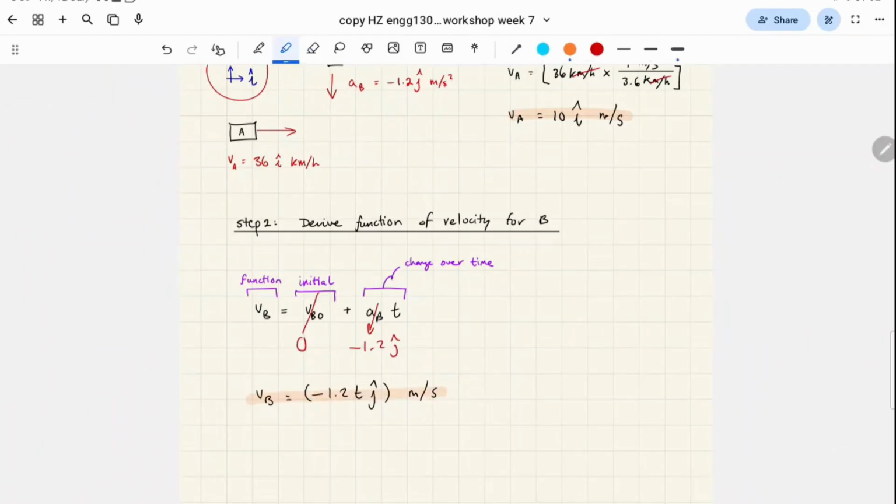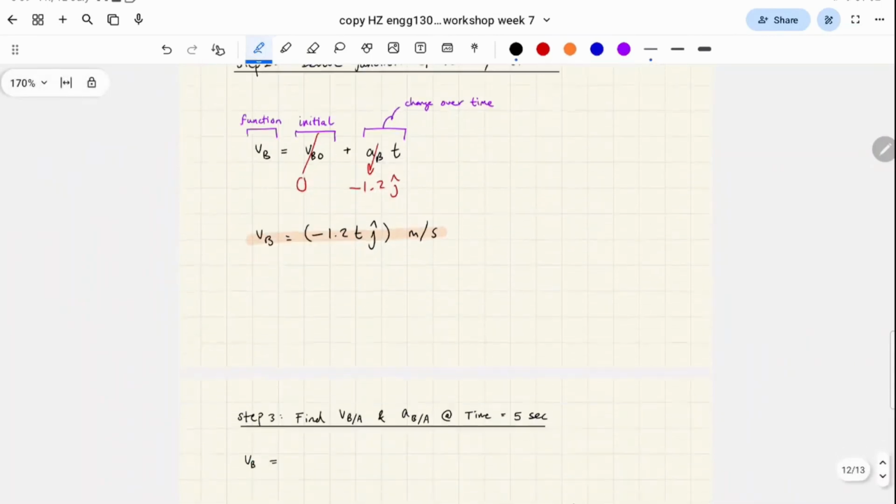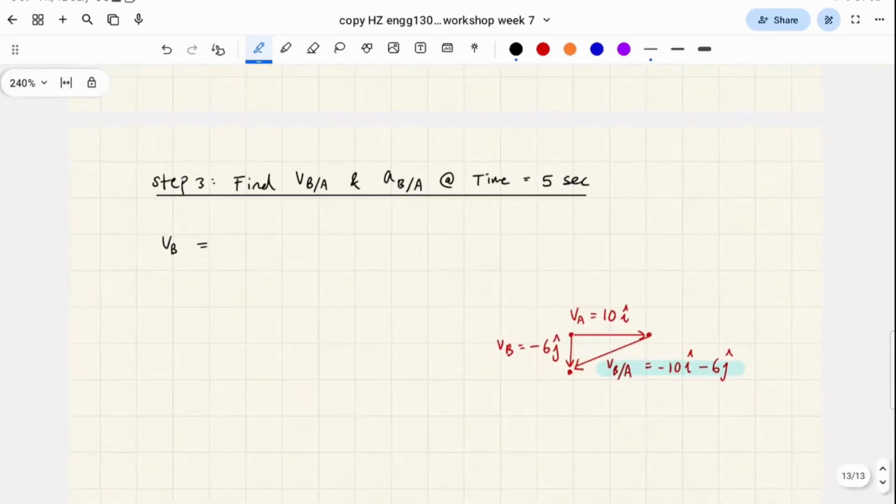So we've got an expression for A and we have an expression for B's velocity as well now, right? So we want to find the relative velocity, and not only that, we want to find the relative acceleration, and we want to find what the values are at time equal to 5 seconds, right? So 5 seconds after the car starts moving.